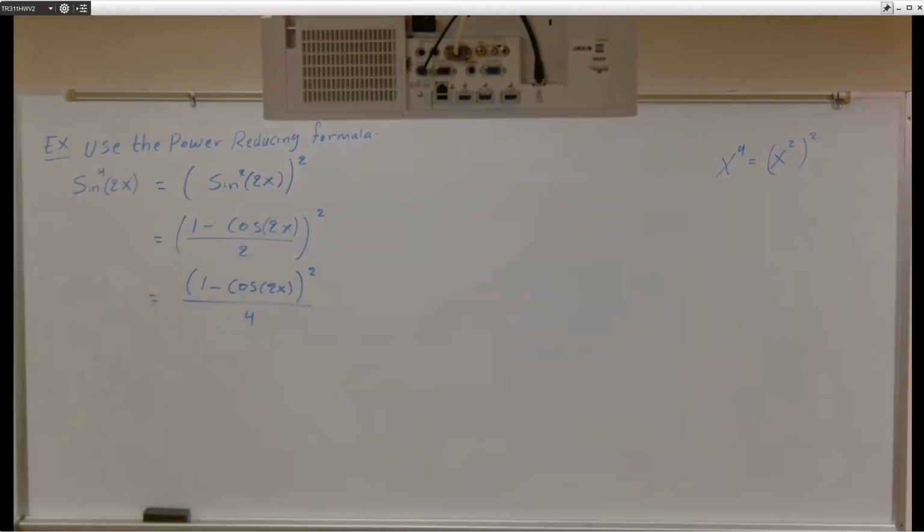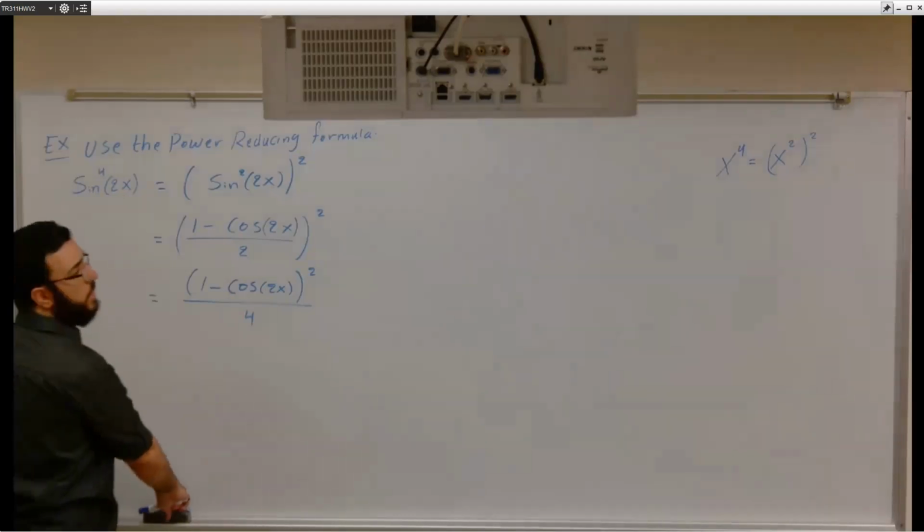Another question. For the power reducing formula for the cosine, would it be written out as 1 minus cosine of 2 times 2x?